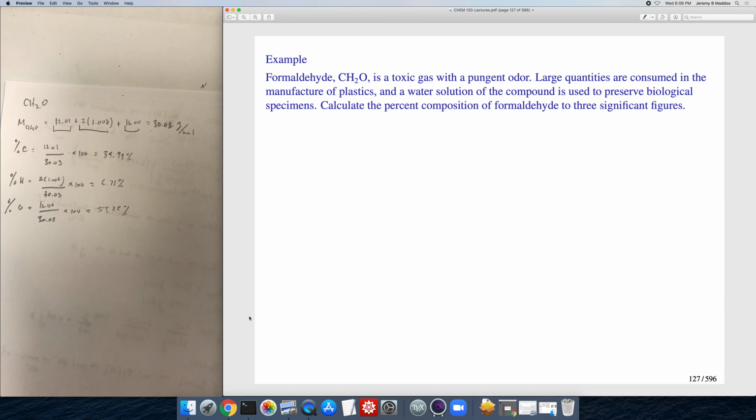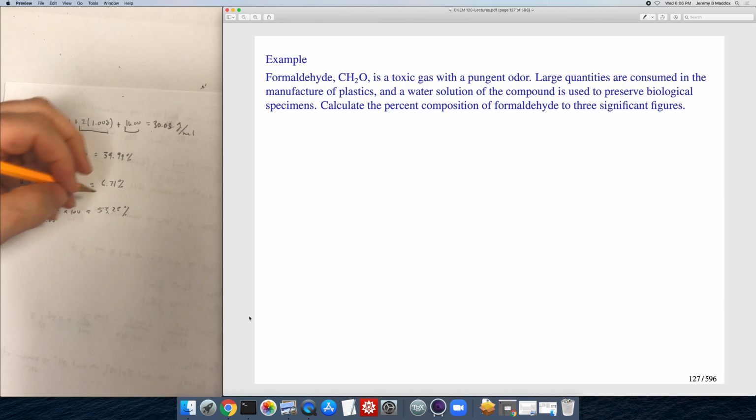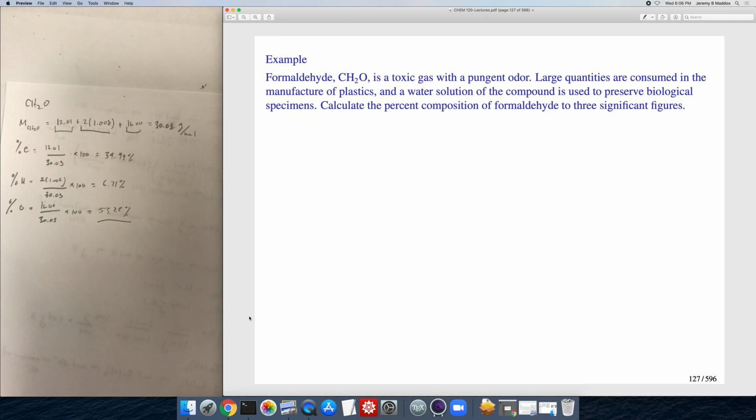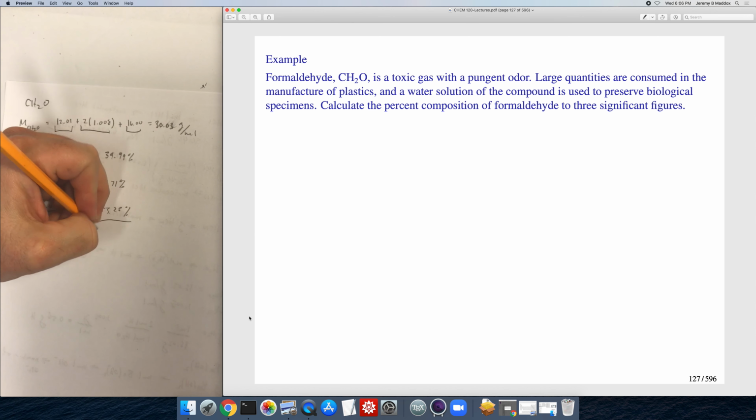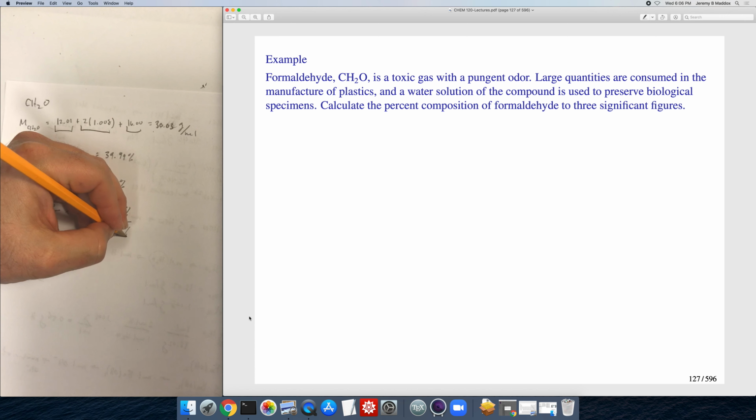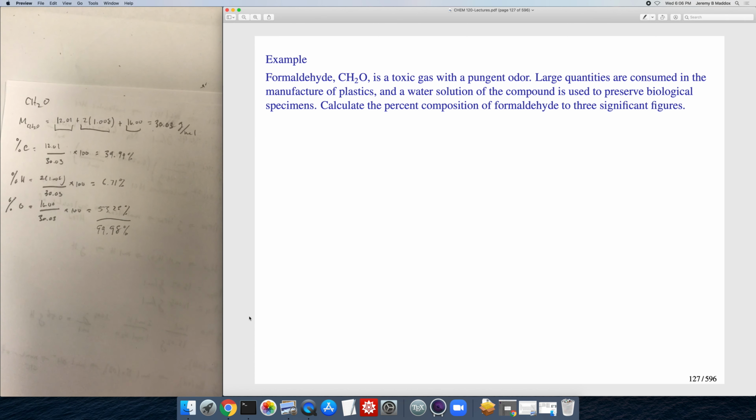So these are the percentages, and if we add these up, they should add up to 100, or at least within sig figs. Yeah, so I'm getting 99.98%. So within our sig figs, we're at 100%.